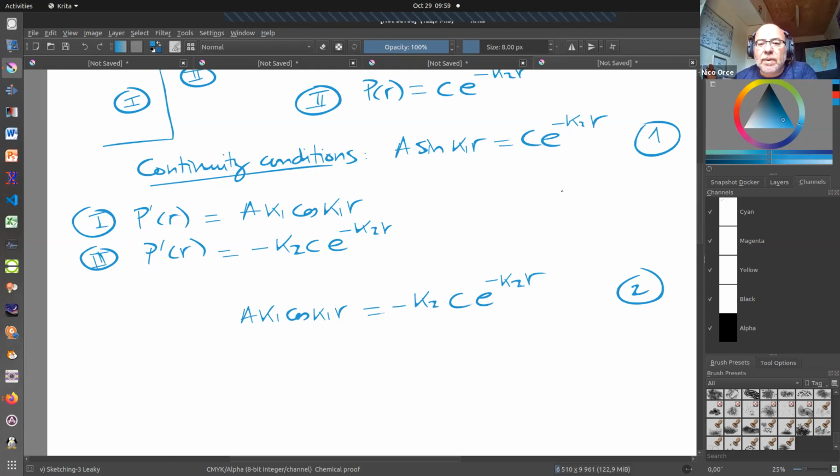Now, we can play with these two equations, and we can divide this by this, and then the A goes away, and we have sine of K1R divided by K1 cosine of K1R is equal to C e to the minus K2R divided by minus K2 C e to the minus K2R.